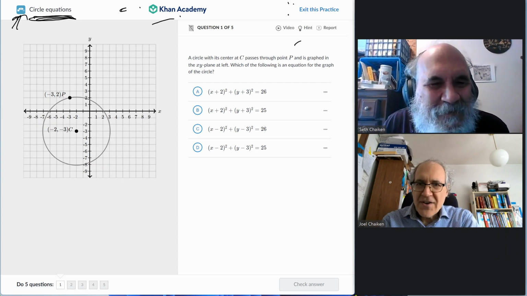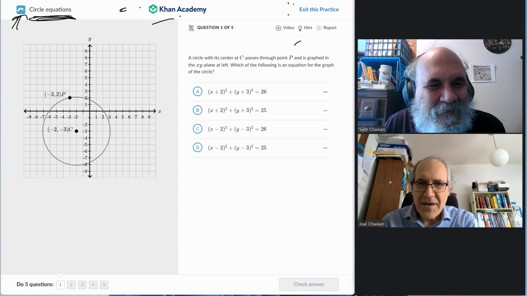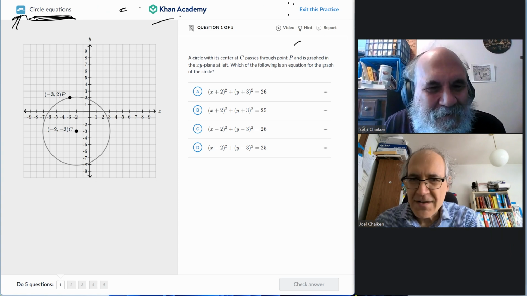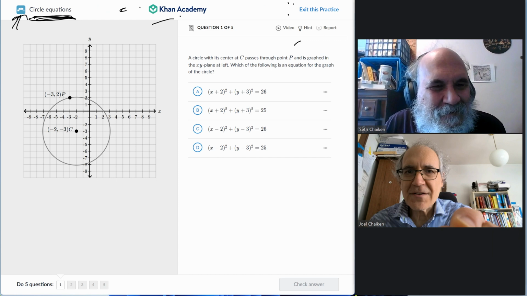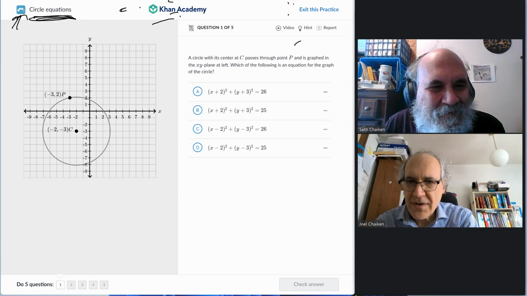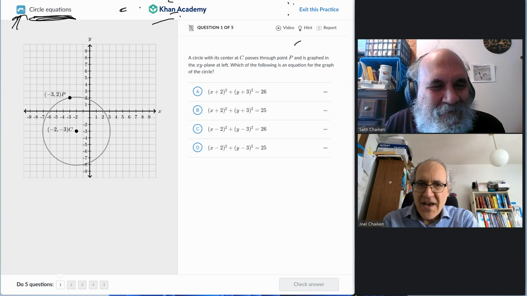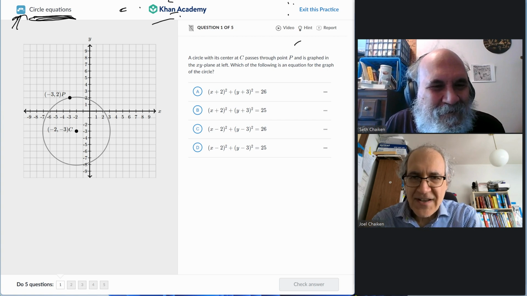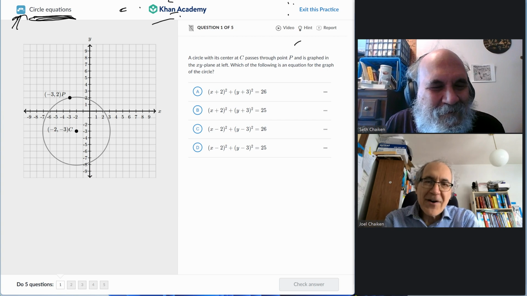Okay, here it is. A circle passes through point P. Let me get my little thing working so I can annotate. Good. Point P. Okay. And it is graphed in the xy plane. Which of the following is an equation of the graph of the circle? So it helps to know what the equation of the graph of a circle is in general.